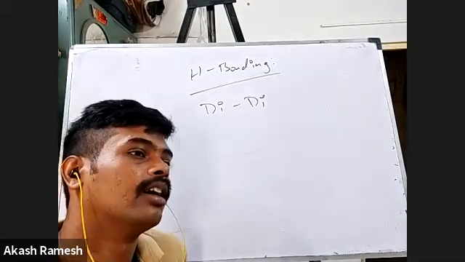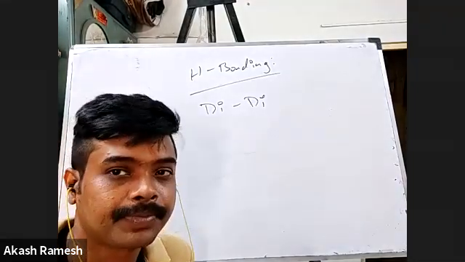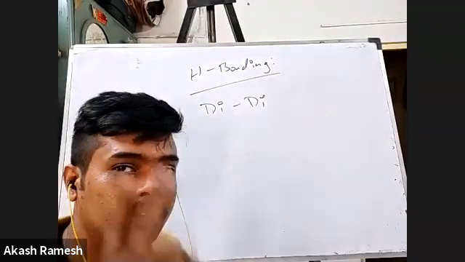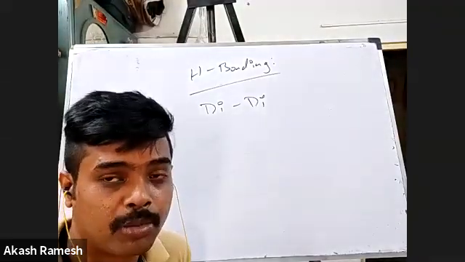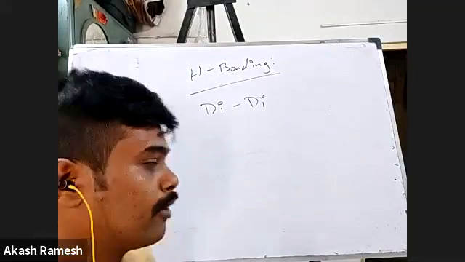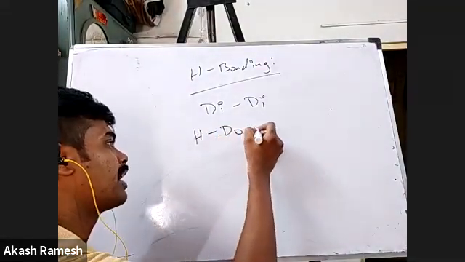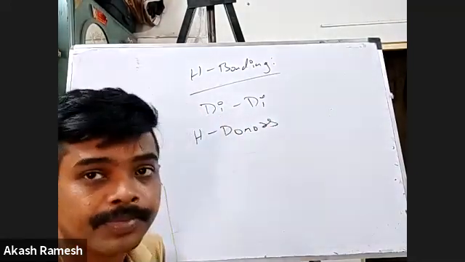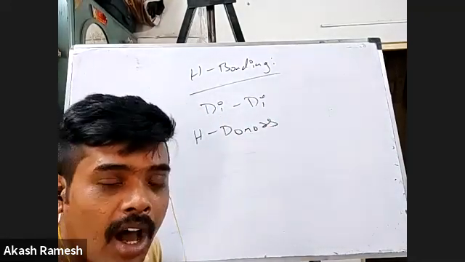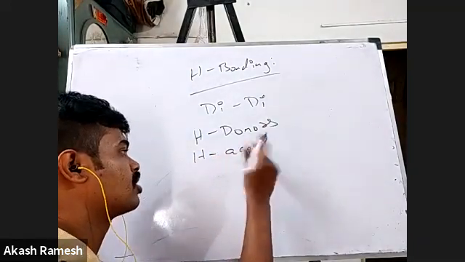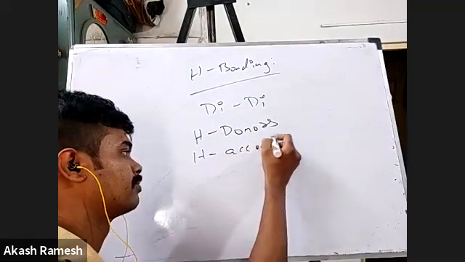Okay, fine. Now to start with this, I would say that for hydrogen bonding to happen, there should be two conditions which should be satisfied. There should be something called hydrogen donors, and there should be something called hydrogen acceptors.